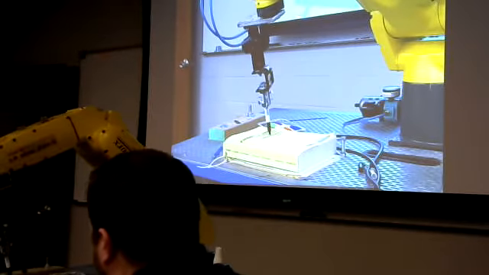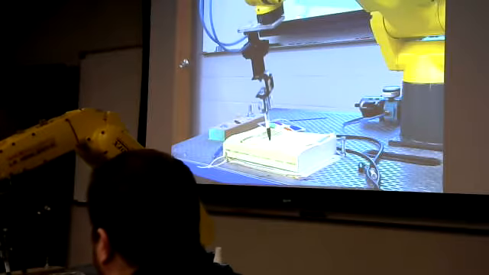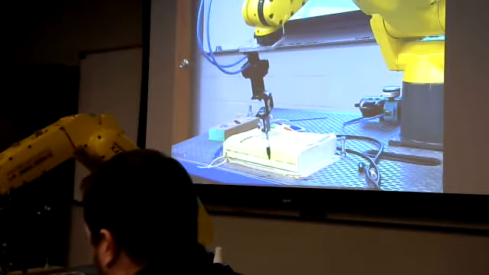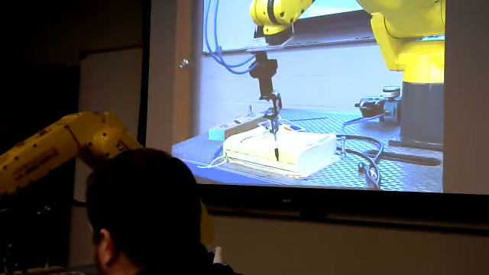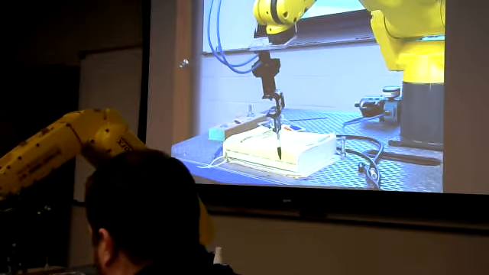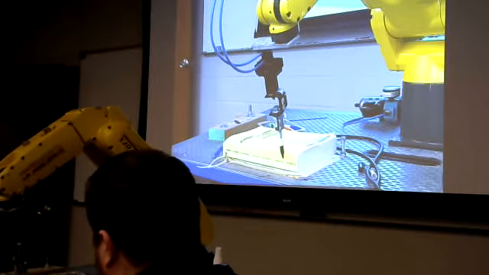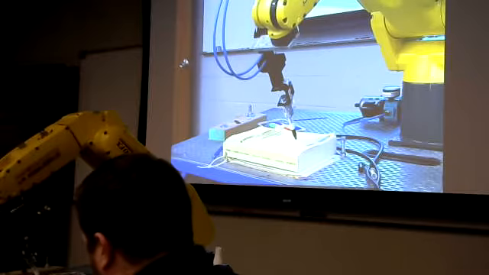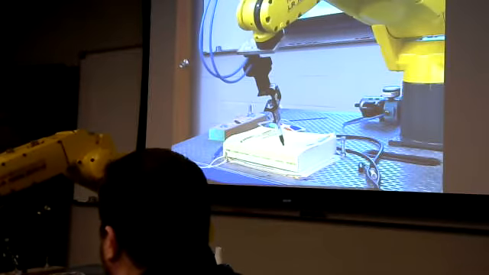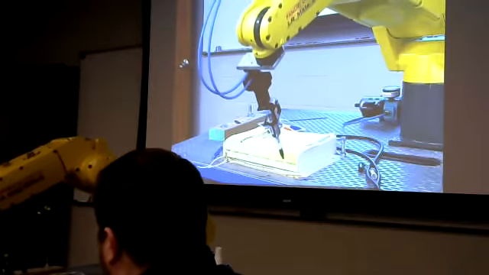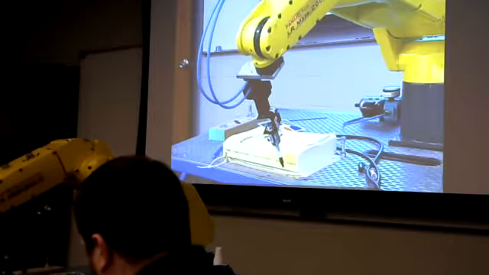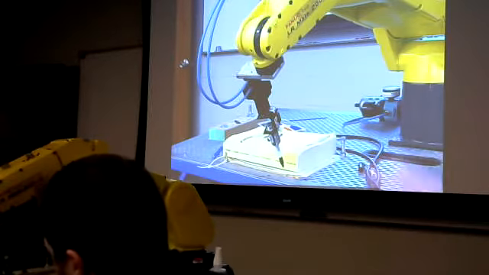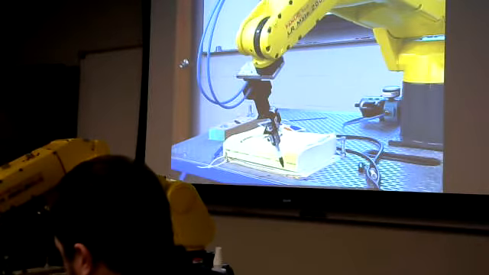Or I could go into joint mode and see if I do that, it's rolling in the wrong spot. So I got to move it even more, close. And then I want to roll it that way. So how do I do that?